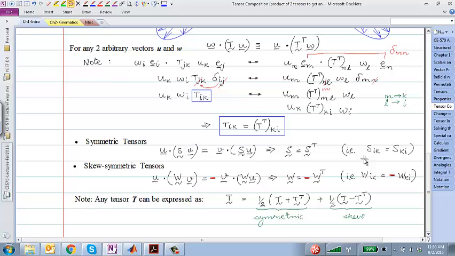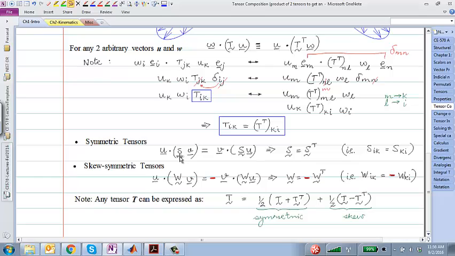Okay. Skew symmetric tensors: if the tensor here can be the same tensor but with a negative sign, that's the definition of a skew symmetric tensor. So if the product that you get here is the negative of the product on the left, then it's defined as a skew symmetric tensor. And no surprises again, a skew symmetric tensor is represented with a skew symmetric matrix, right?